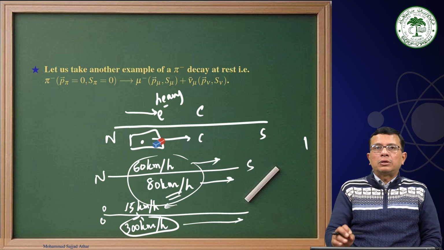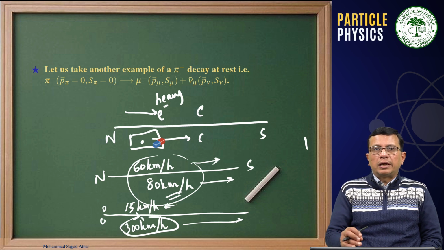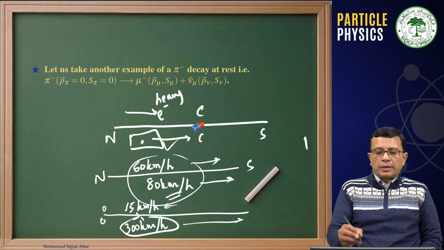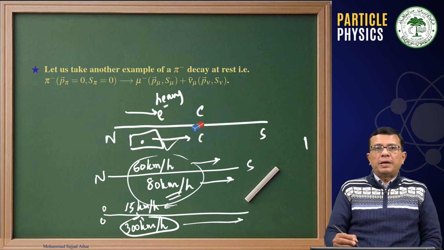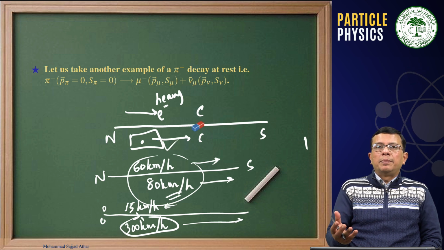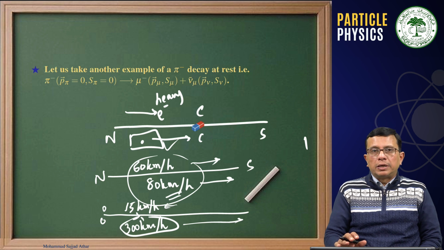But a muon is a heavy particle. Its speed will be smaller than the speed of light, and therefore after some distance, from this frame it will look like the muon is moving in the backward direction.